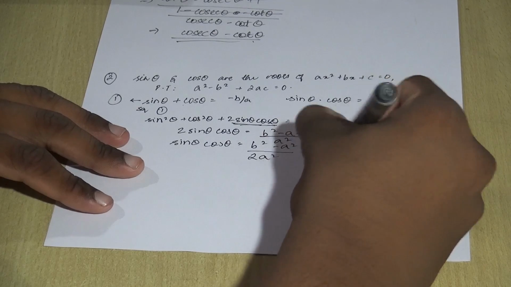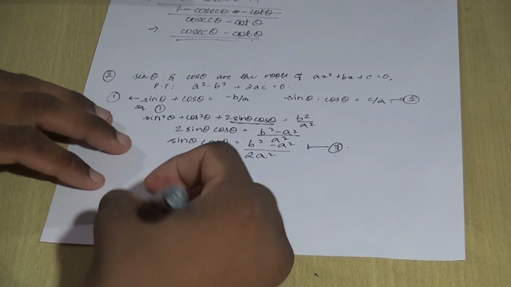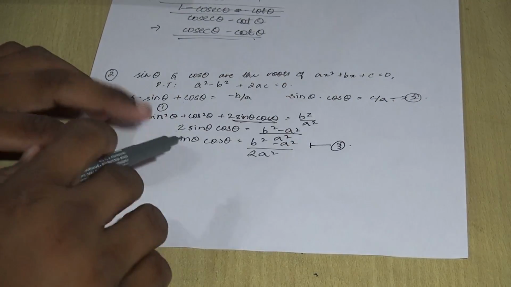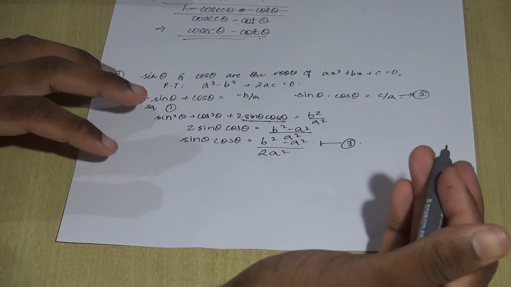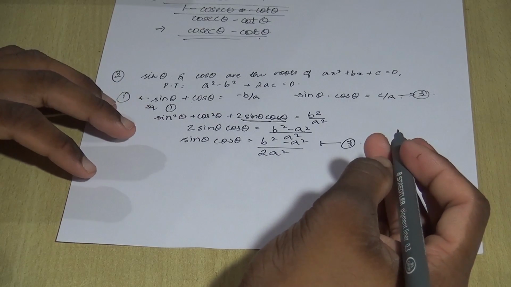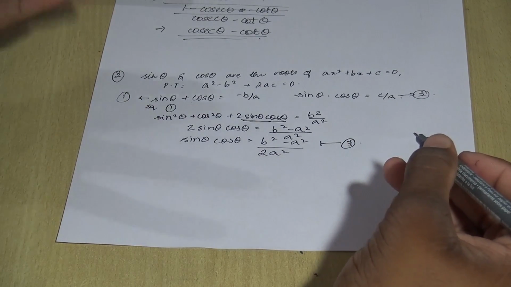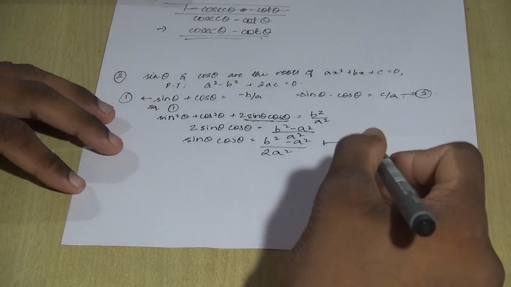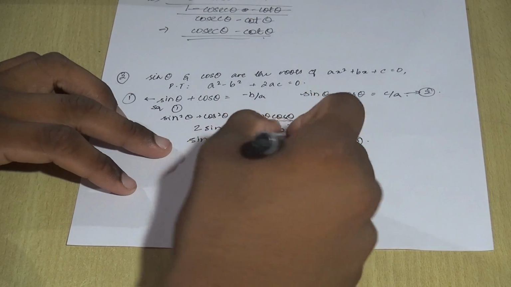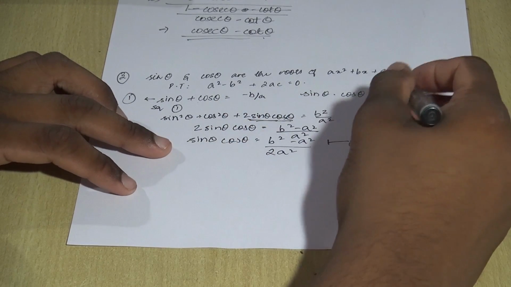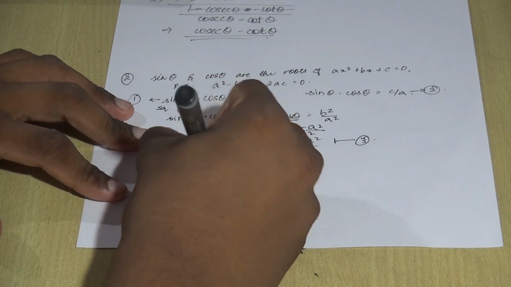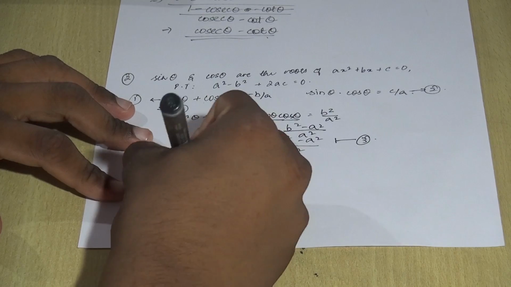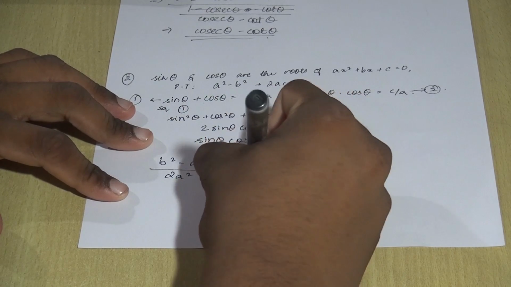This is third equation. Okay, now since the LHS of third and the second one is equal, by Euclid's geometrical statements, we can say that (b square minus a square) by 2a square is equal to c by a.